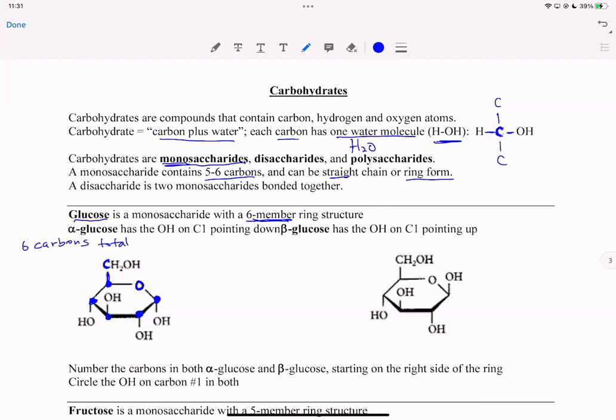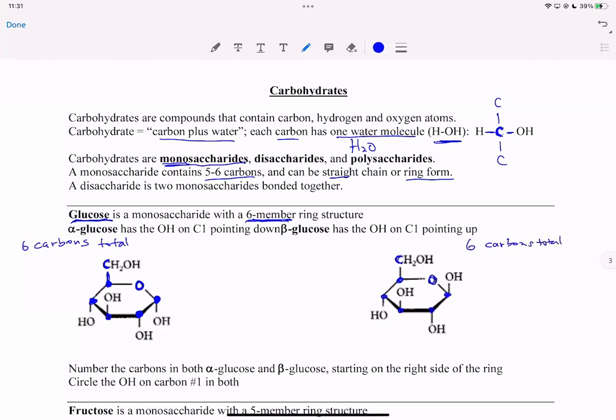So there are 2 versions of glucose, that monosaccharide that's a 6-member ring. There's this version and this other version. Right. So first, let's make sure it's pretty similar. There's 1, 2, 3, 4, 5 carbons in the ring plus an oxygen. So it's still a 6-member ring. There's 1 carbon outside of the ring, so it's still 6 carbons total.